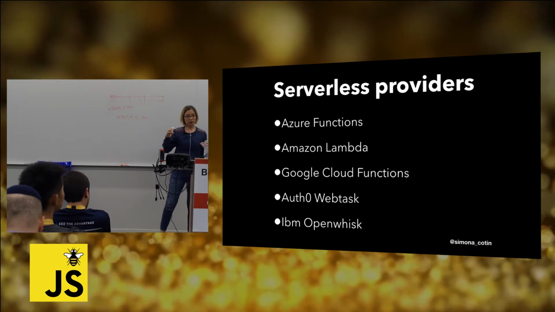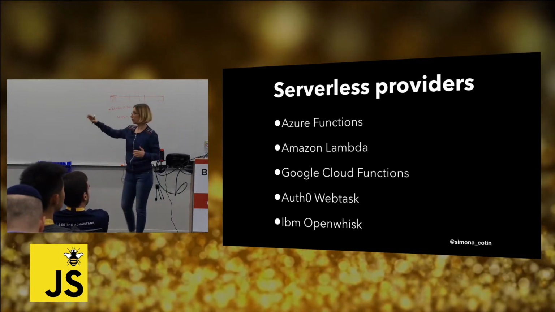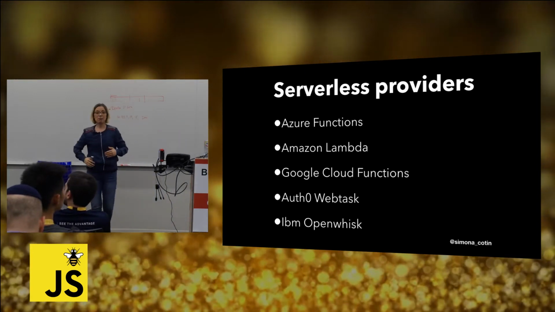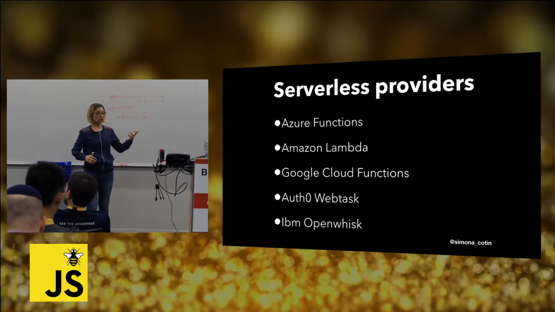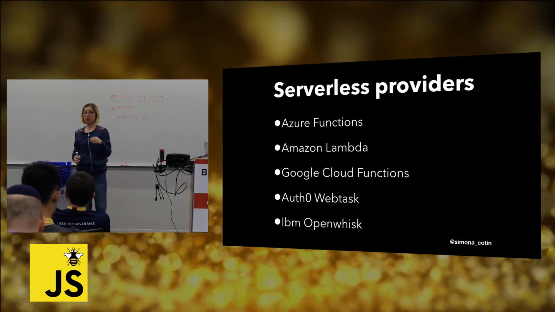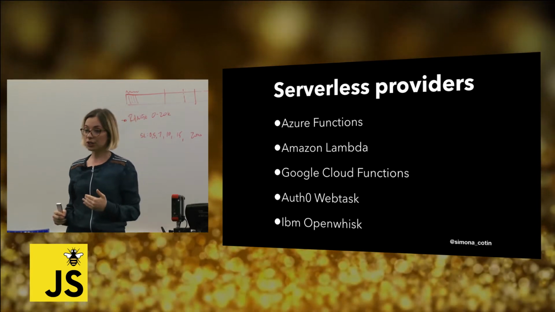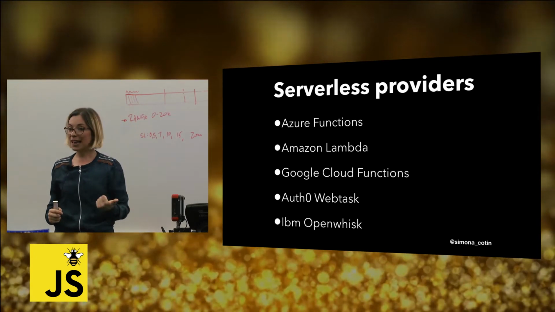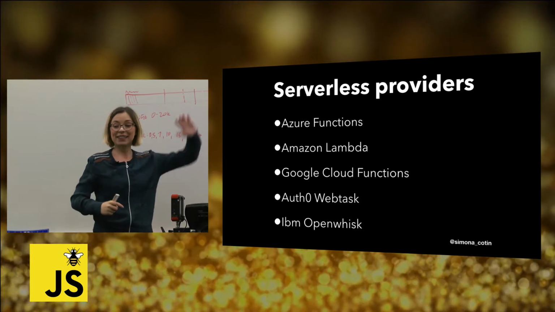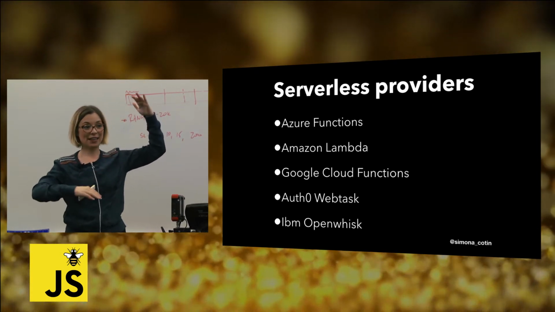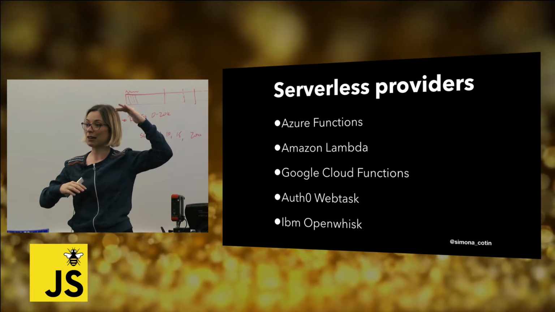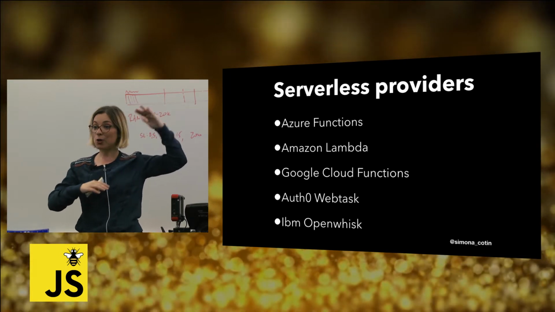There's quite a number of serverless providers. I don't have all of them listed, but from Azure, you can try out Azure Functions. We have Amazon Lambda, Google Cloud Functions, Auth0 Web Task, and IBM OpenWhisk. The first one, Azure Functions, and the last one, IBM OpenWhisk, both of them are open source.